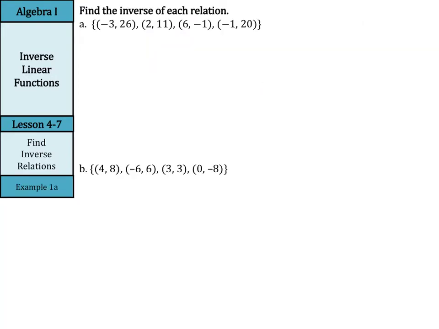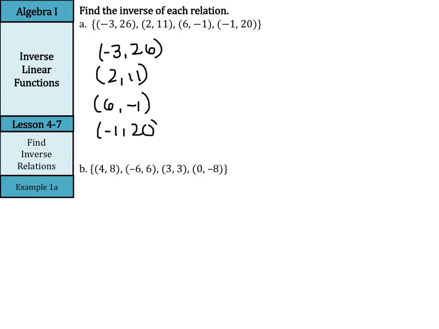So when I go to find the inverse of each relation, notice we have 4 ordered pairs in our first one. So we can list each of these ordered pairs here: (-3, 26), (2, 11), (6, -1), and (-1, 20).